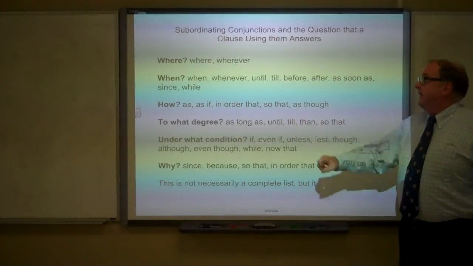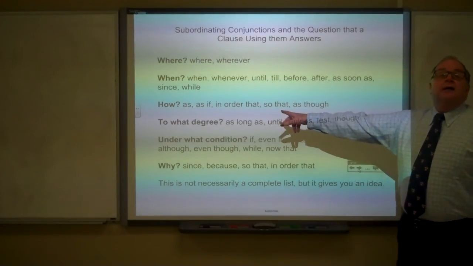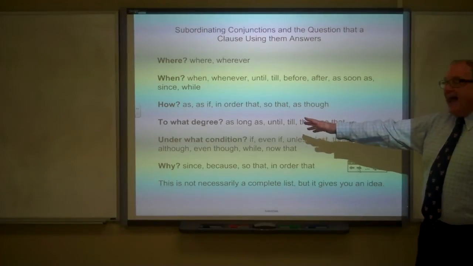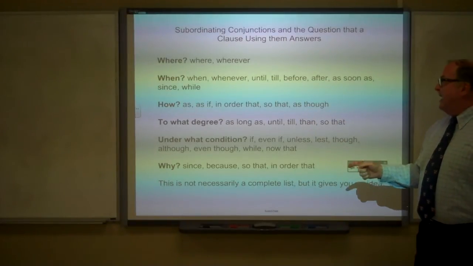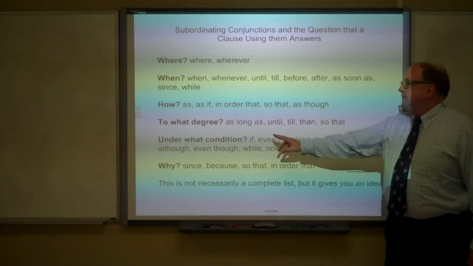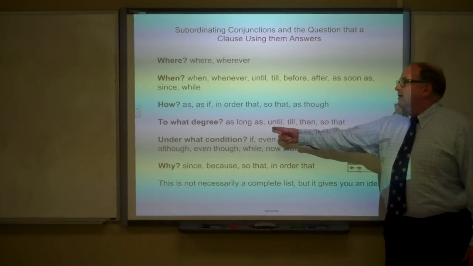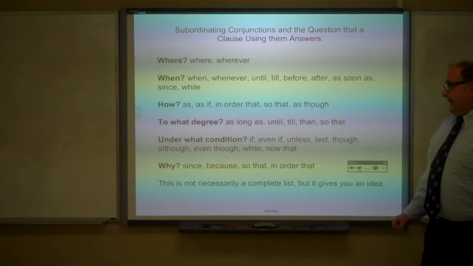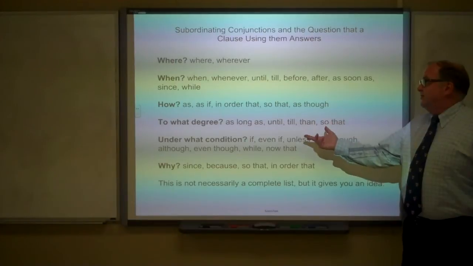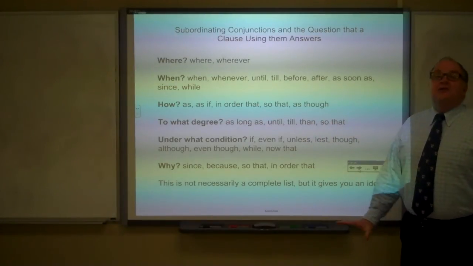Clauses that answer the question how begin with subordinating conjunctions like as if, in order that, so that, as though. Some adverb clauses that answer the question to what degree would include subordinating conjunctions like as long as, until, till, than, so that.